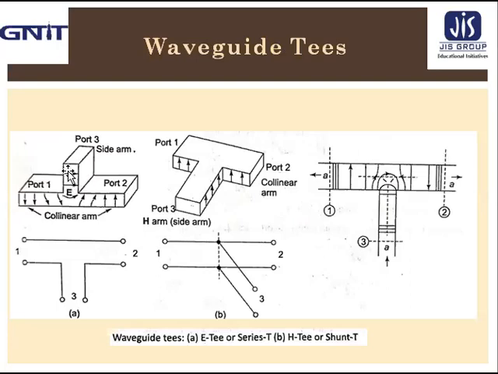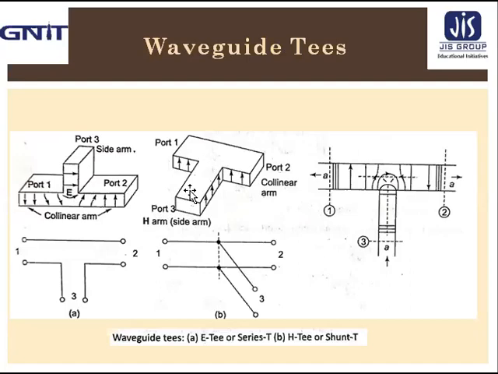In the case of the E plane, that was subtractive, but in the case of the H plane T, it is additive, and because of this, the third port is called the sum arm. In the E plane case that was the difference arm, and here for the H plane T, that is the sum arm.